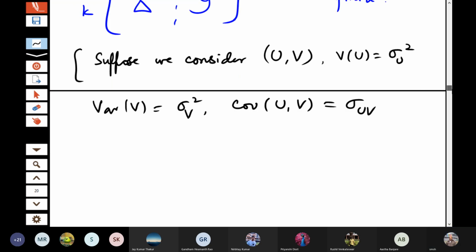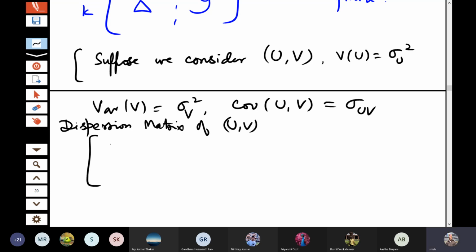All right. Then what is the dispersion matrix of this? That is sigma u square, sigma v square, sigma uv, sigma uv. You look at this term, the diagonals are non-negative.